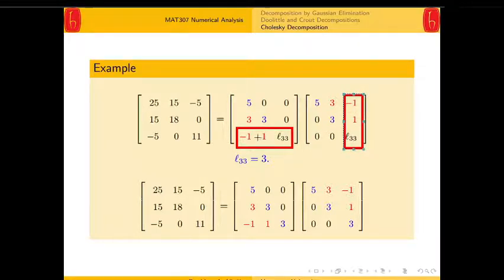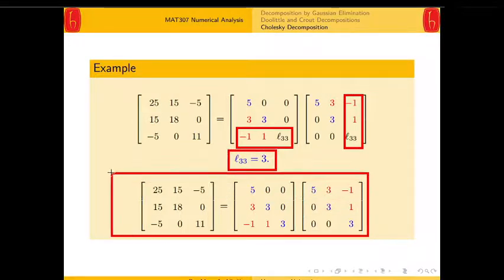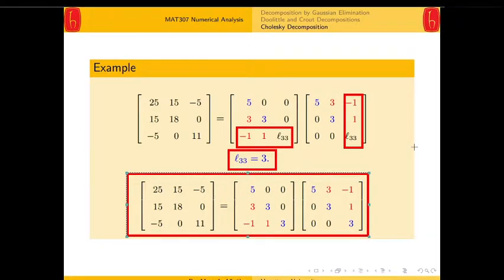This will be 1 plus another 1, which is 2. 2 plus L33 squared is 11, so L33 squared will be 9, so L33 will be equal to 3. So this is the Cholesky decomposition of the given matrix. That's all for today. Thanks for watching carefully. Bye.